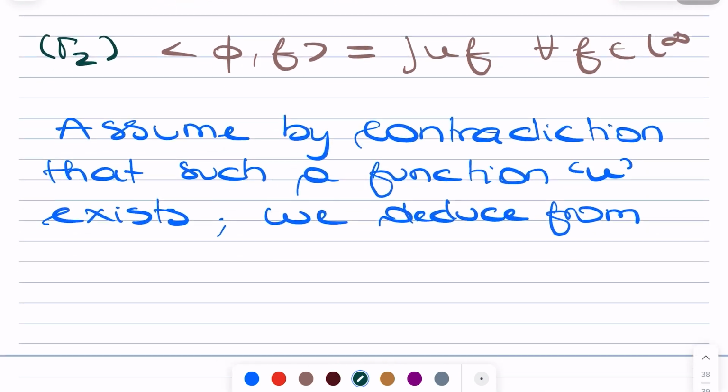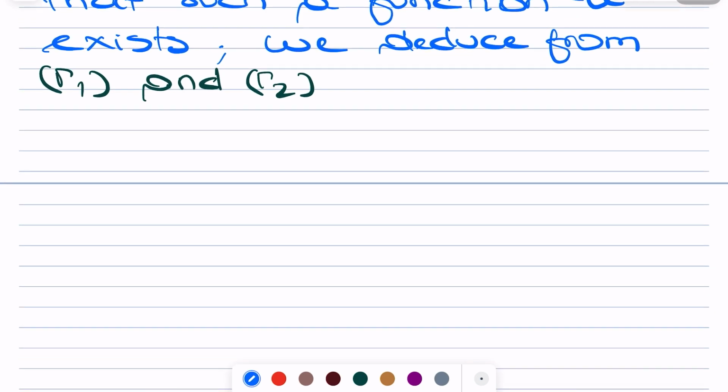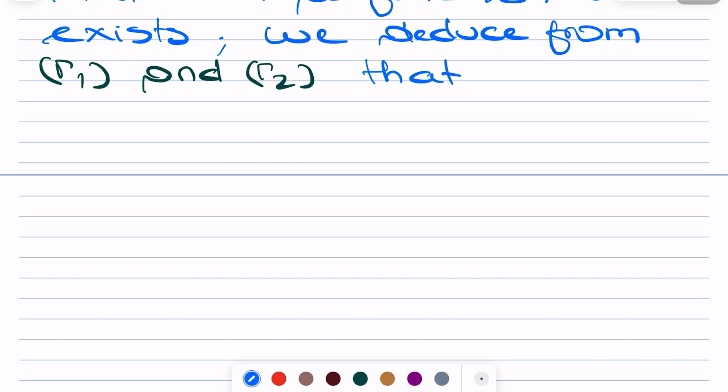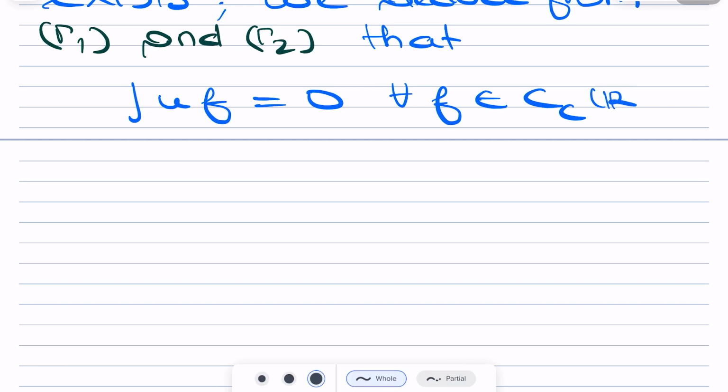So we deduce from gamma 1 and gamma 2 that the integral of u f is equal to 0 for every f in the space of continuous functions with compact support on Rn minus 0.